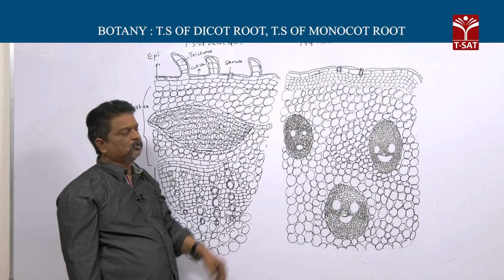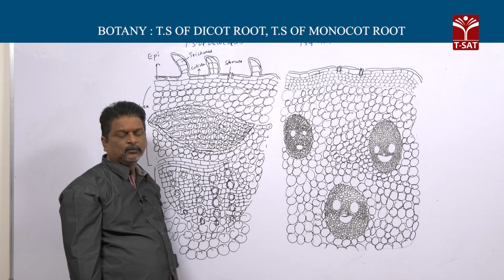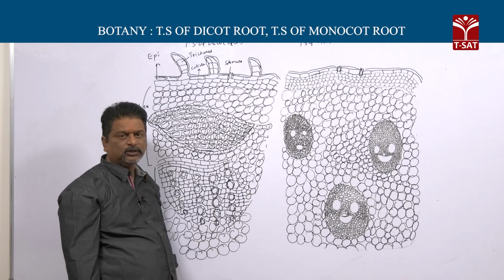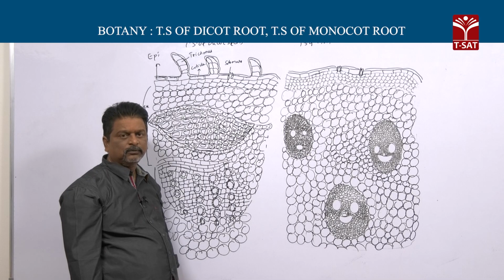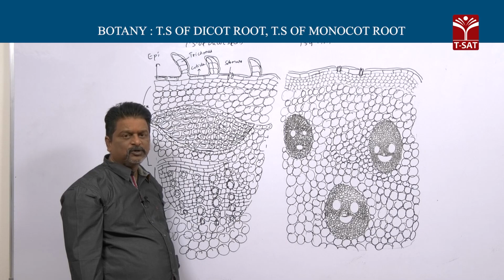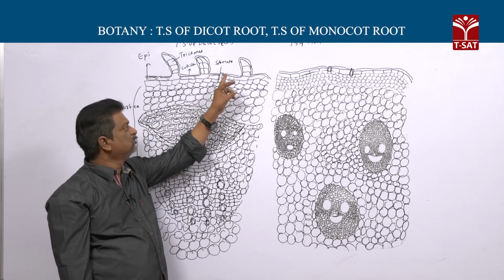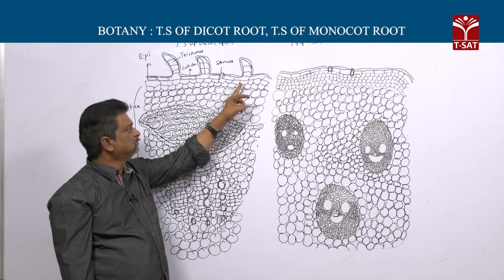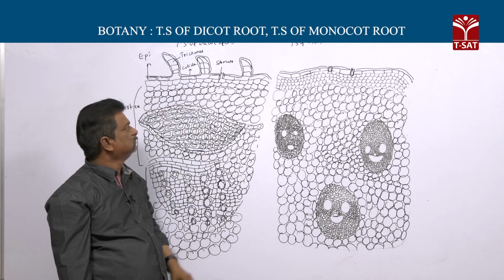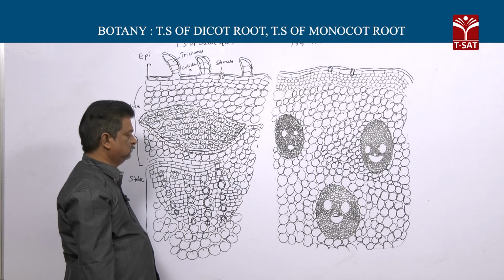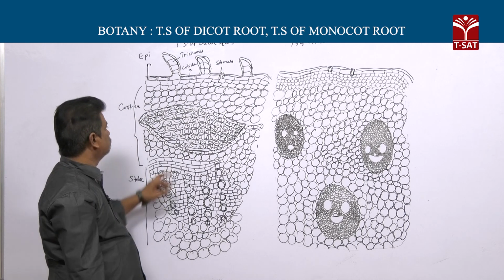Then function of trichomes. These trichomes also reduce the transpiration rate. Then trichomes also prevent the entry of pathogens. This is about epidermis. The next one is cortex.